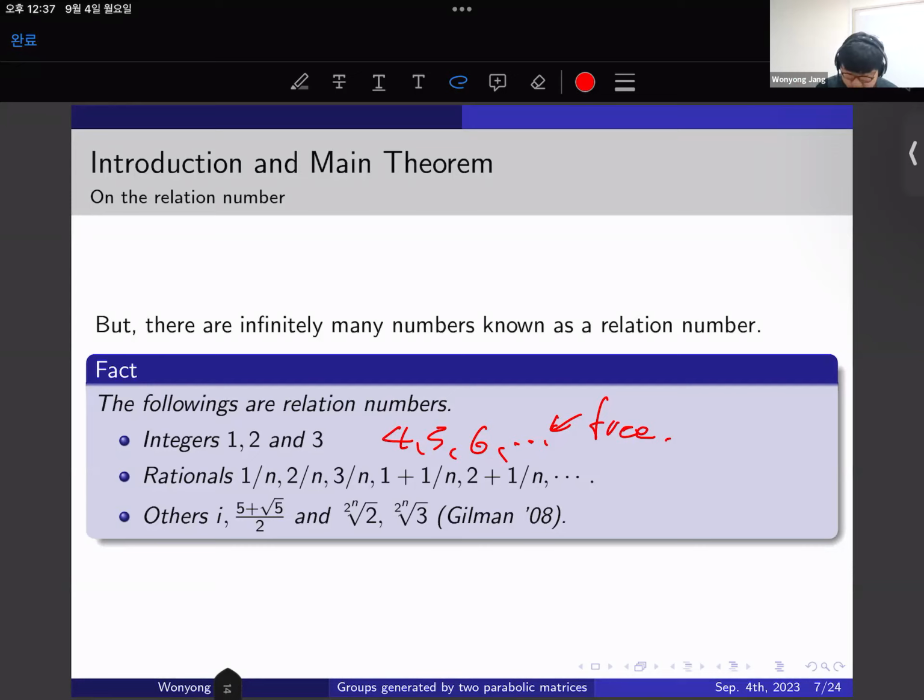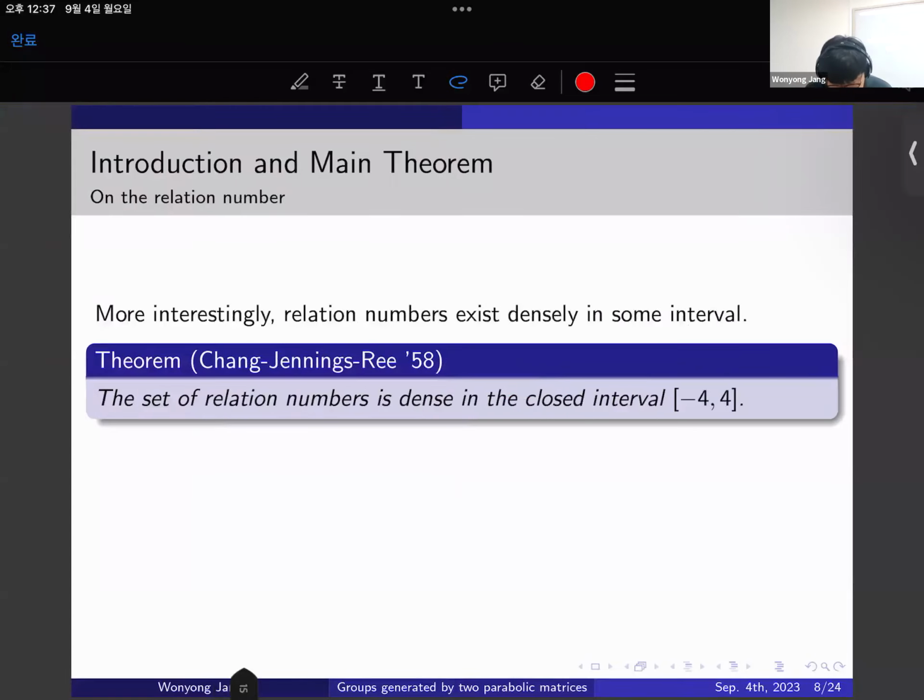For example, 1 over n, 2 over n, 3 over n, and 1 plus 1 over n, etc. And some special complex numbers are also known as relation numbers. Surprisingly, the relation numbers are dense in the closed interval from -4 to 4.